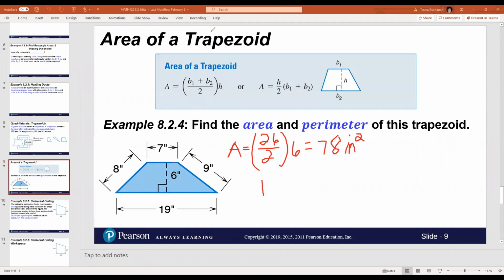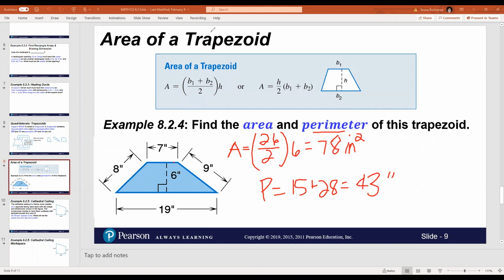Perimeter is easy, it's just adding up side lengths, no exotic anything there. It's 15 and 28, so 43 inches for this particular example. Perimeter is just the distance around.